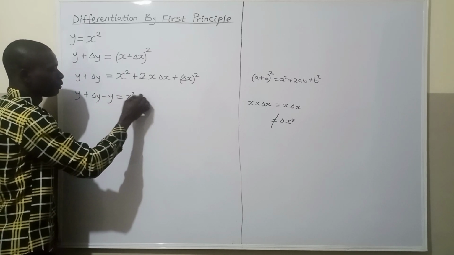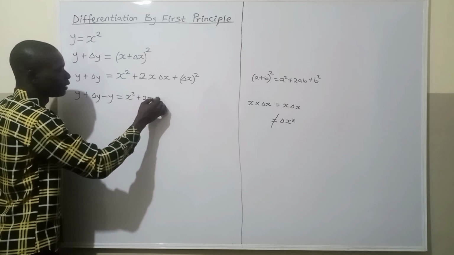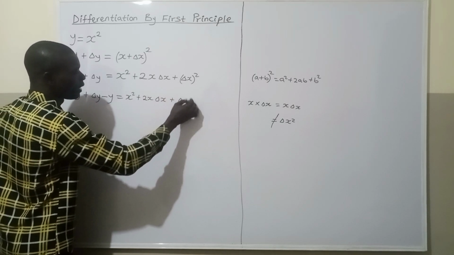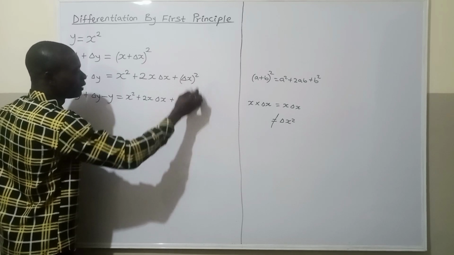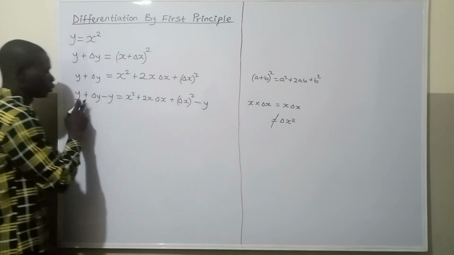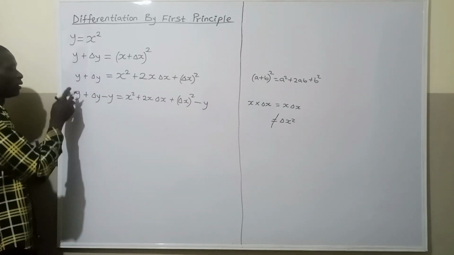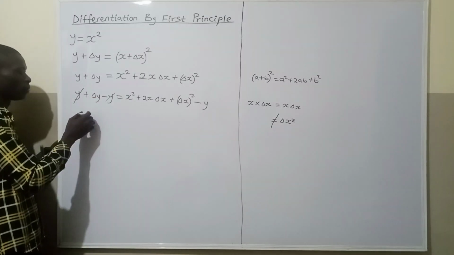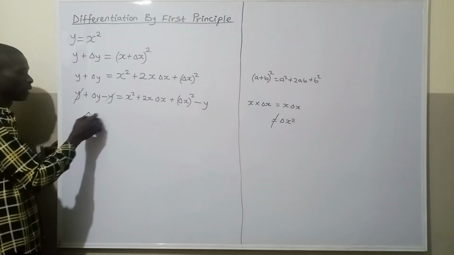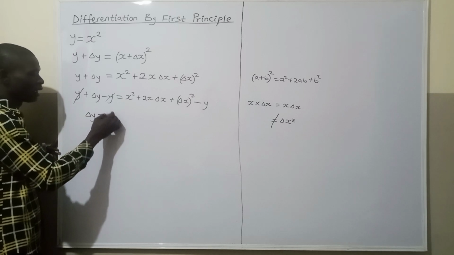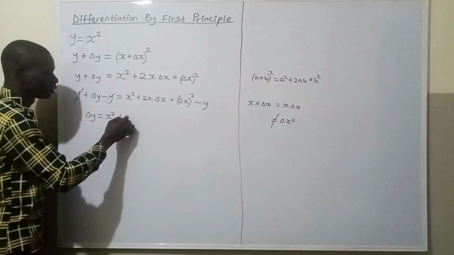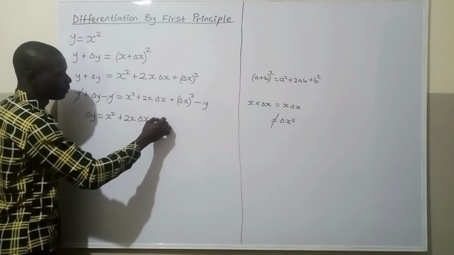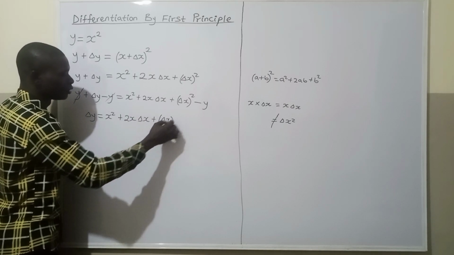X squared plus 2x delta x, then plus delta x squared, as we have that there. Then it's also going to be minus y, as we have it for the left hand side. Now y minus y will become what? 0, because they are going to cancel out. What we will be left with here is what? Delta y. So delta y will now be equal to x squared plus 2x delta x, and then plus delta x squared.